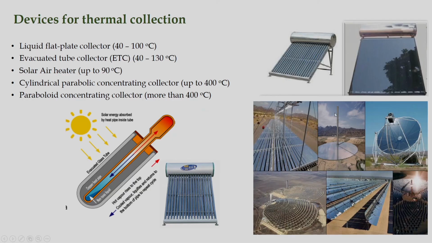In Spain they have only one power plant of this category, but the conversion efficiency is very low, about 7% or so. And these are all concentrating collectors, and here you can see a central power receiver system. And this is all about evacuated tube collectors, and we will discuss more in the next couple of slides.